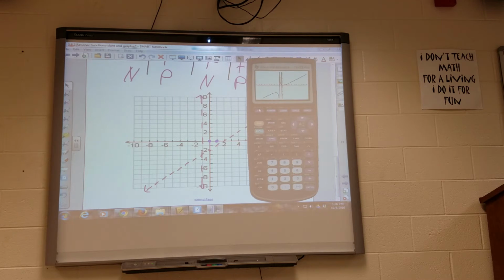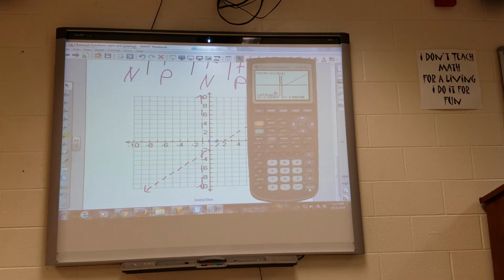So the calculator, I've already graphed our equation. That gives us this graph. You can see it's very similar. You can start seeing where the slant asymptote would be, where the vertical asymptote would be. I need to find this minimum and this maximum here so I can put them on my graph to the best of my ability. So I'm going to find my maximum first. Just go over till you reach the other side.